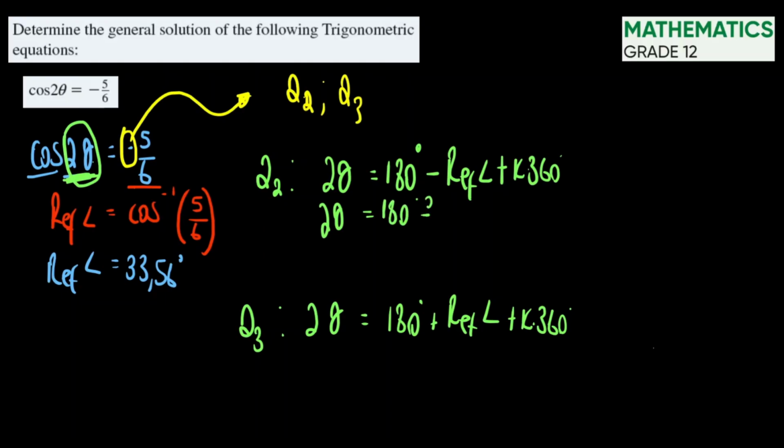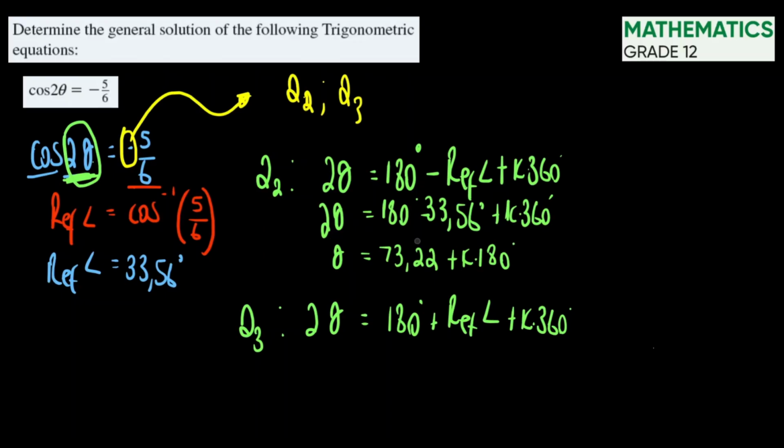We substitute our reference angle, which is 33.56 degrees. So 2θ = 180 minus 33.56 plus k times 360 degrees. We calculate what we get there and then divide by 2 because of the 2 here, which gives us θ = 73.22 plus k times, remember we divide everything by 2, and 360 divided by 2 is 180 degrees.